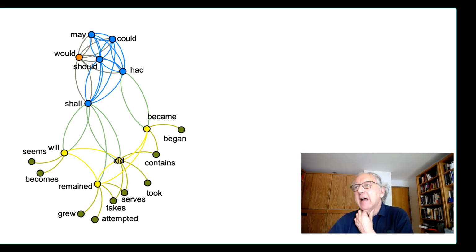Here with 5, the nearest neighbors to the blue generation remain inside the blue for the most part. And then there are just a few words that move outside, like became and will and did.